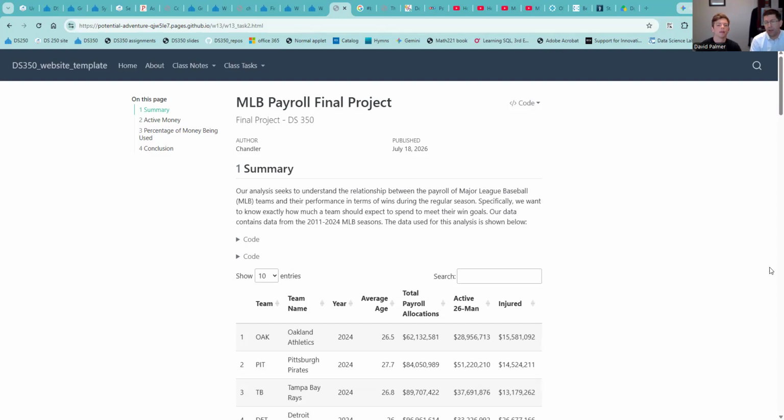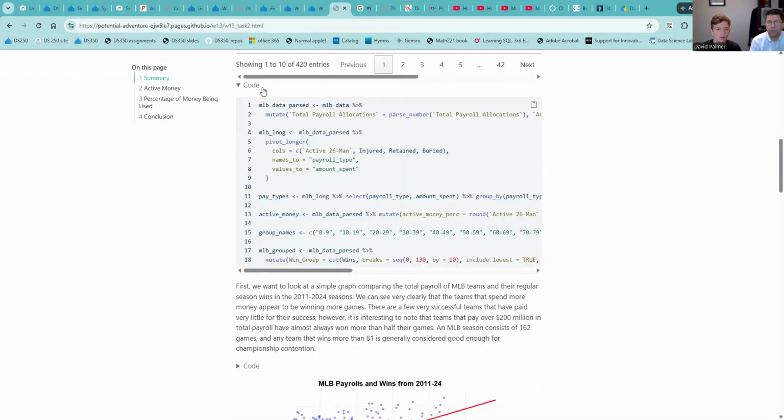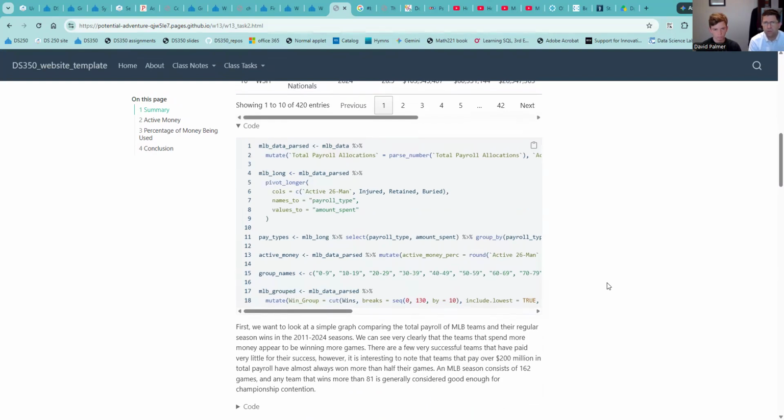You can walk us through the code too if you want to show us some of the highlights of the prepping that you had to do. So my data set comes from Kaggle. It was somebody that had researched into MLB payrolls and figured out exactly how much they were spending on their injured players and their active players, people who are actually playing.